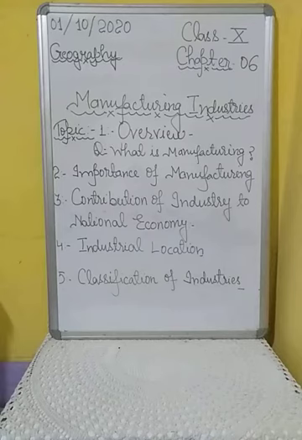And in this series, some people are employed in providing services also. So now you can understand very clearly that this whole chapter is concerned with manufacturing industries, which fall in the secondary sector. Okay?